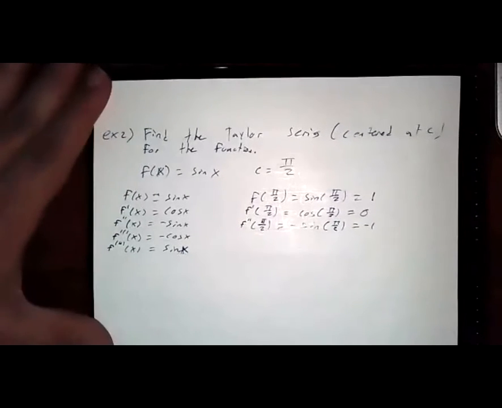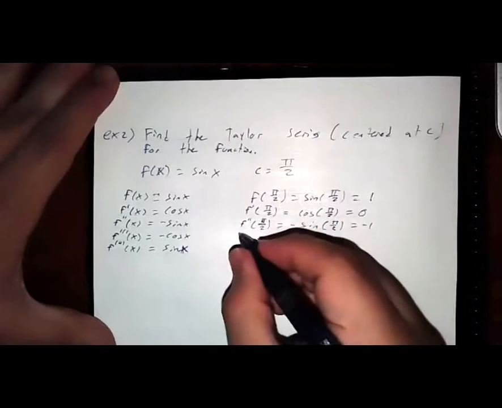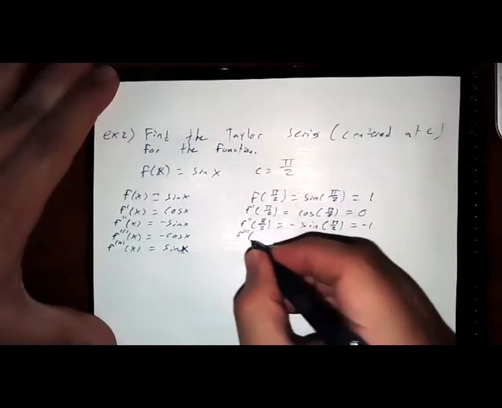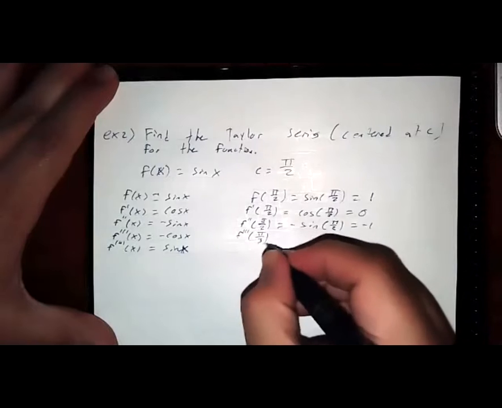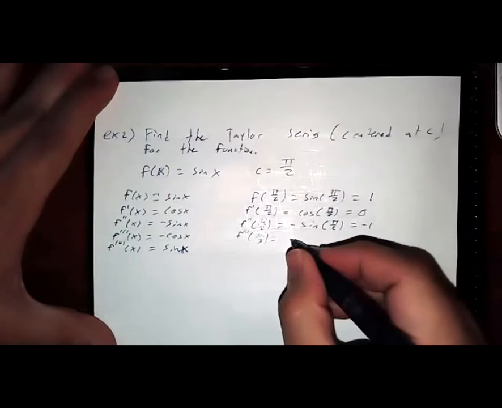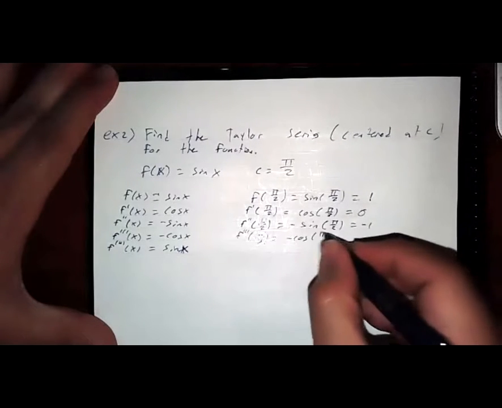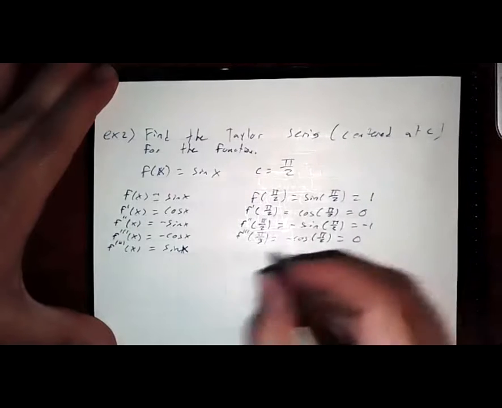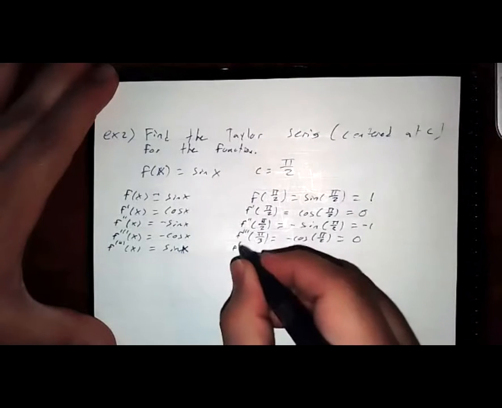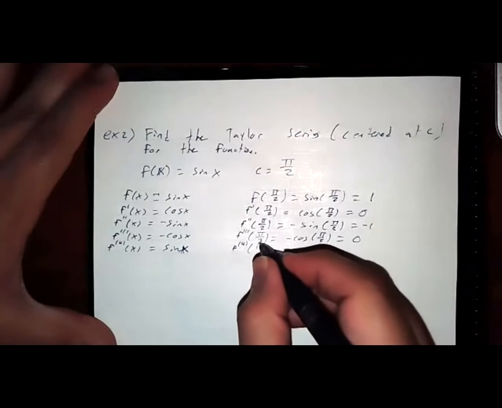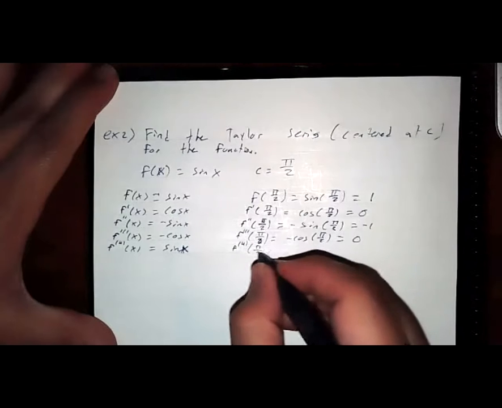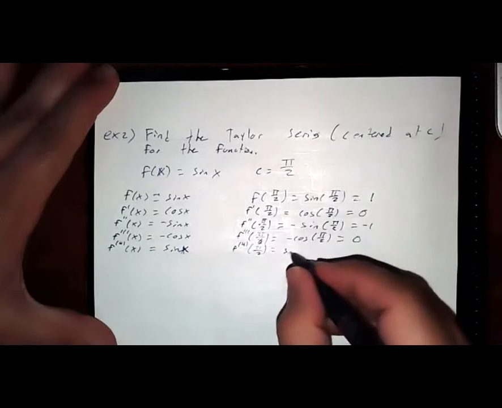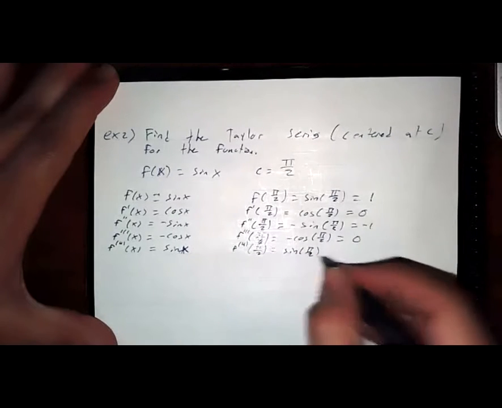Third derivative, negative cosine of pi over 2, is equal to 0. And then the fourth, we're back to sine, so that's going to be 1.